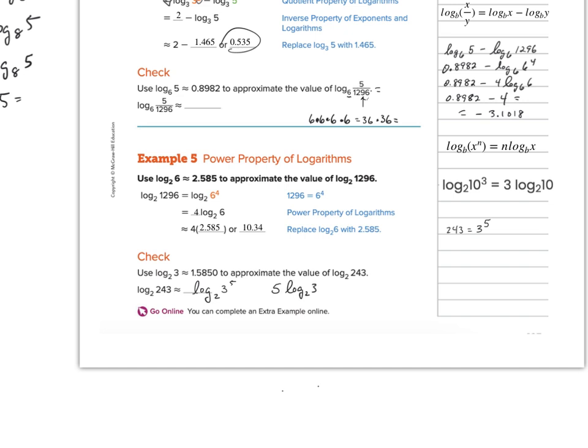They told us the log base 2 of 3 is that, so that would be the same thing as 5 times 1.5850, and that would give us some value of approximately 7.925. So that would be the approximate answer there.